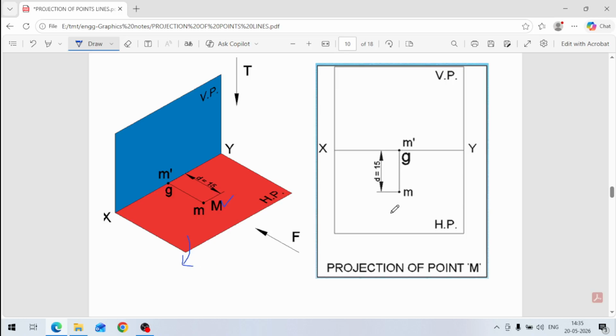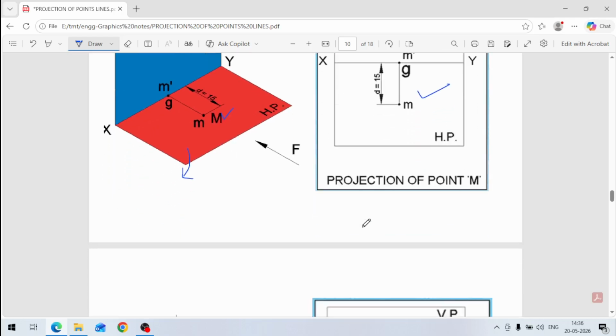So this is our horizontal plane here, and this is our XY line. From XY, the bottom side is the horizontal plane, and this D is 15 mm. This is the projection of the point at D equal to 15 mm. Because this point was in one plane only, this projection will be on this plane only, and on the other plane there will be no projection. Okay.